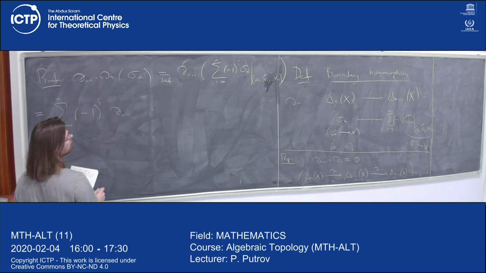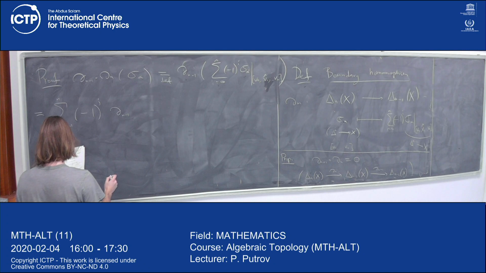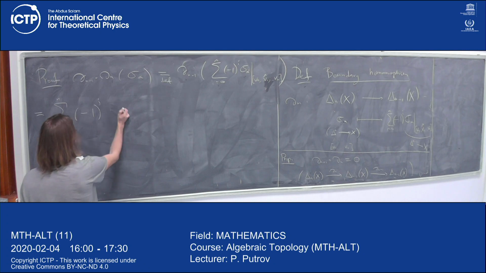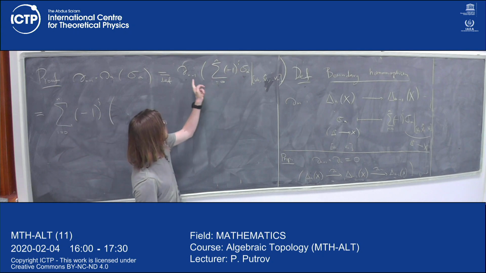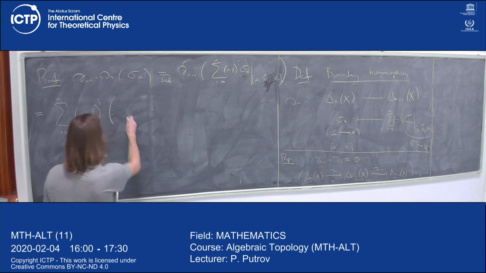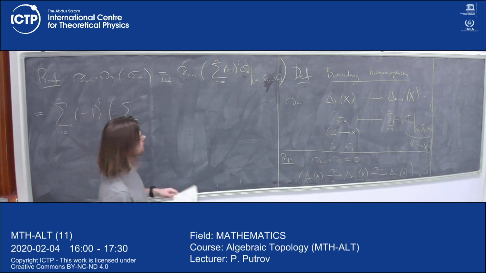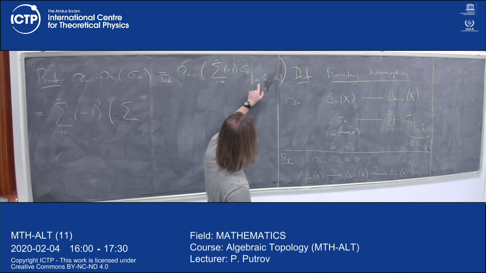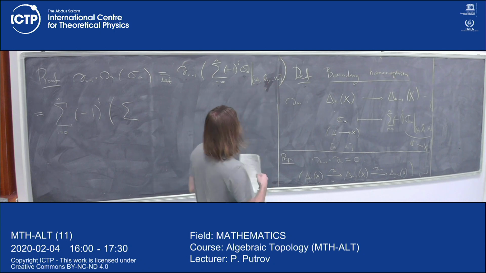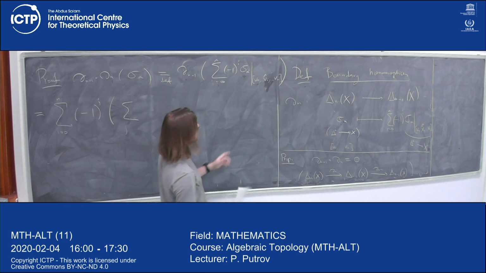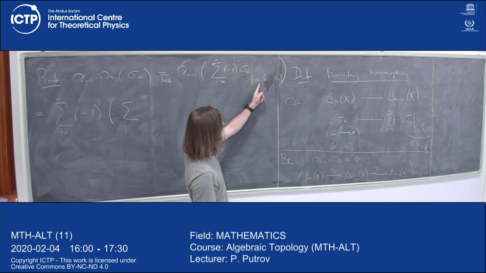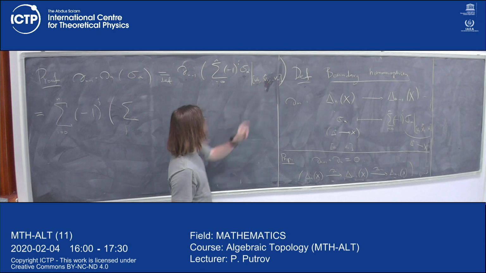So I apply, for each i, d n minus 1 on this thing. What should I do? I should consider all possible removals of the vertices in this sequence where I already removed each vertex. First, let me consider the terms where I remove some of the vertices before this one.